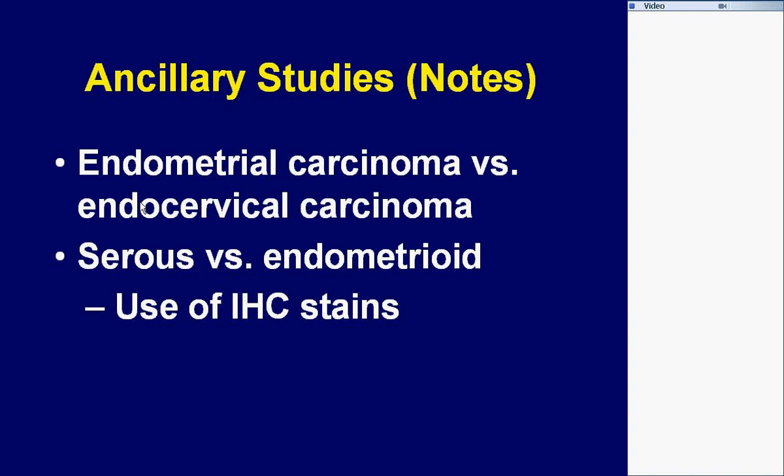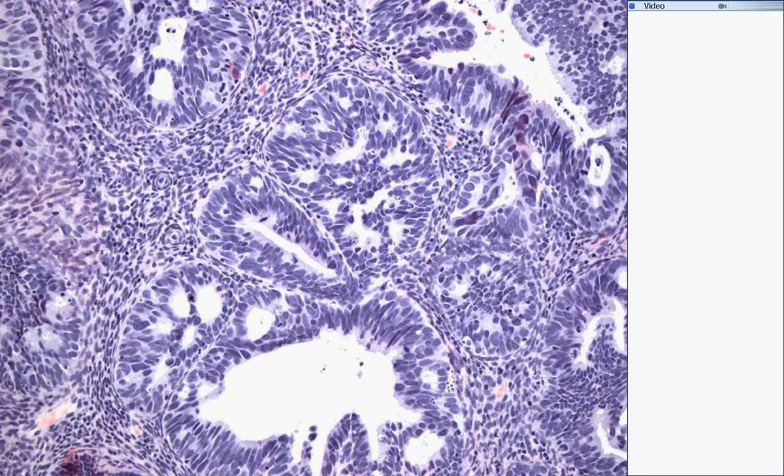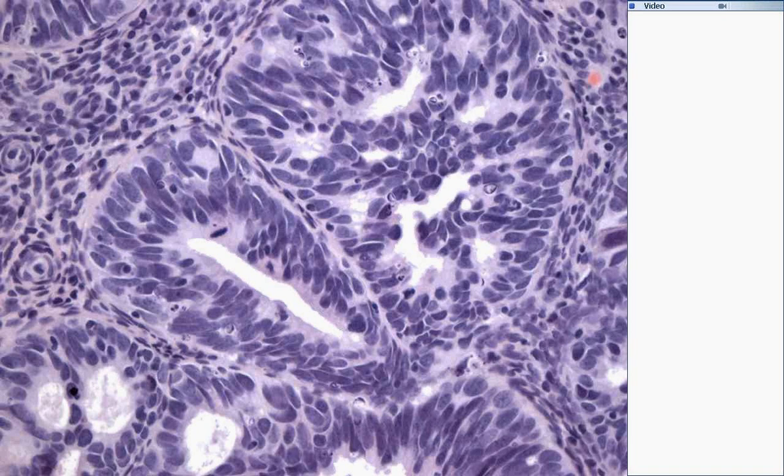But since I have time, I think I have 3 more minutes, this is a case which was submitted as an endometrial carcinoma, and you can understand why. It obviously has this endometrial morphology, but the nuclei look very dark. It's subjective. You don't see those vesicular nuclei. This is a high power. Something made me suspect that this could be endocervical.